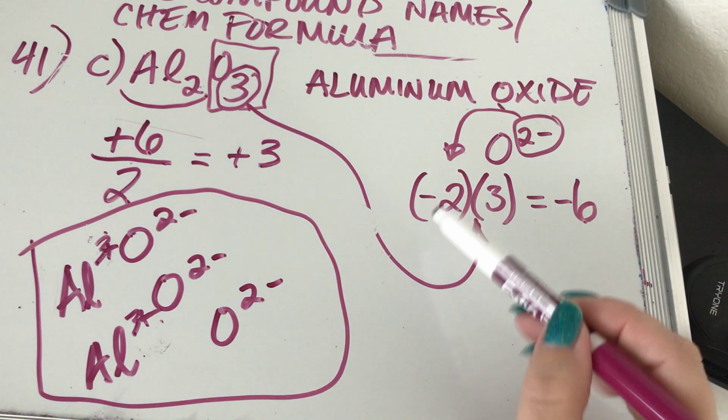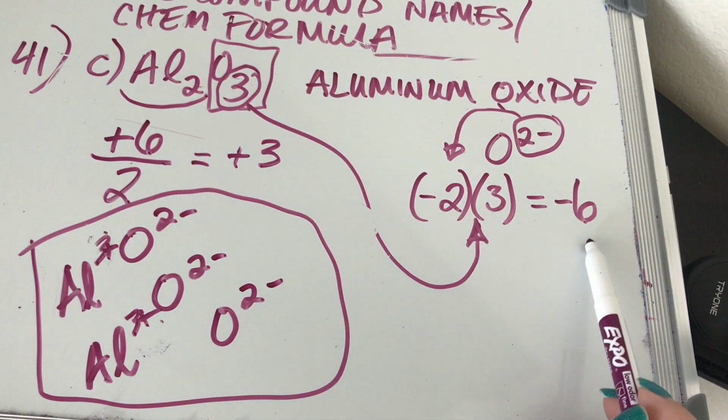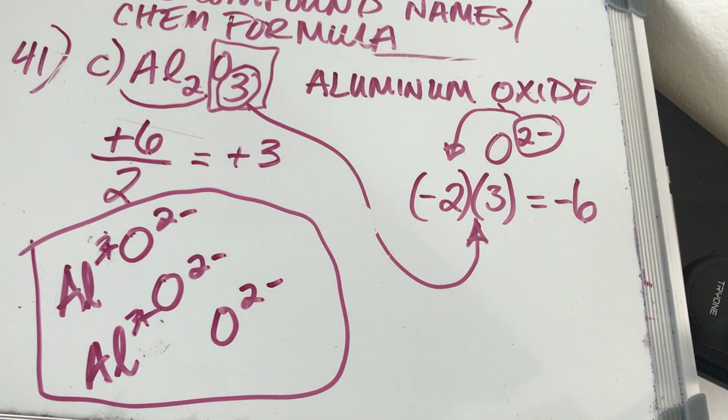The numbers can get confusing if you don't know what everything is representing. But seeing this picture hopefully helps you understand why there's a total -6 charge from the oxides. Yeah, I kind of understand it through the picture more than the numbers. Yeah, totally. But the key is eventually you have to be able to stick those things together. But if it helps you to visualize it, do it for sure.